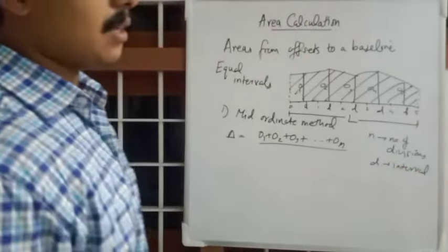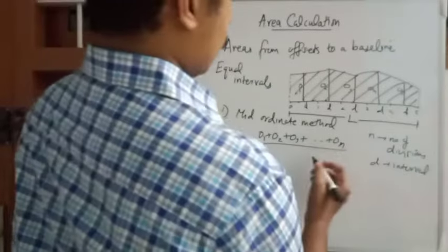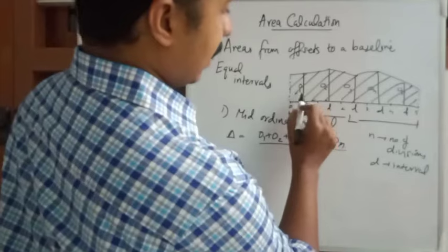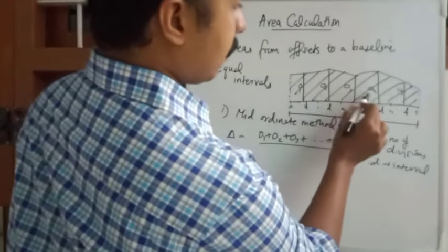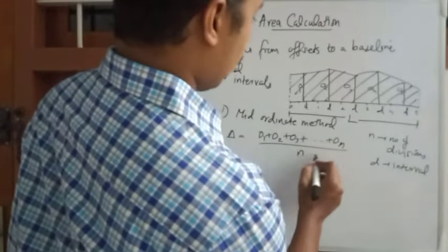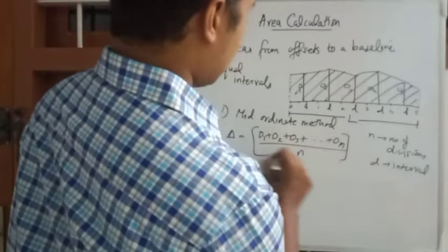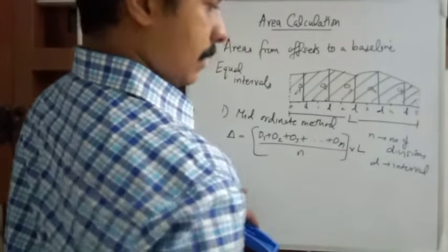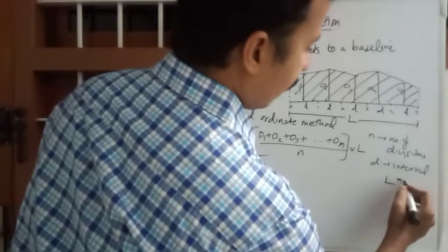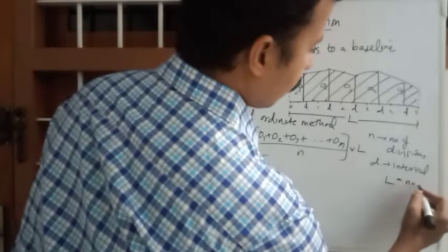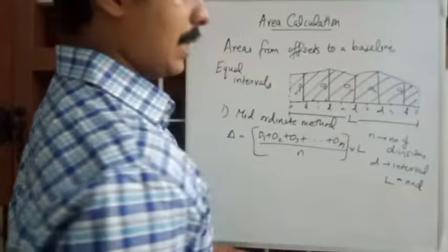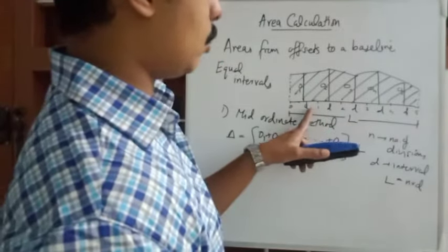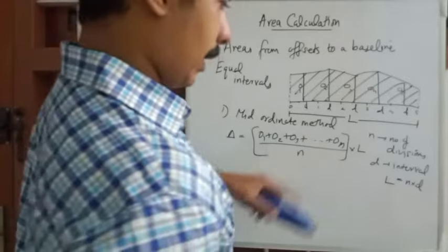O1, O2, O3 etc. are the ordinates. O1 to On divided by n, since there are n values, is the average, multiplied with L, and obviously L will be equal to n into d, as the ordinates are equally spaced.